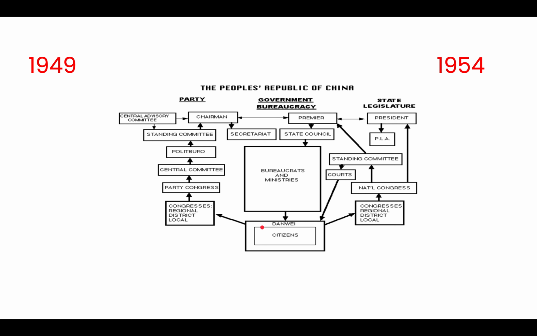So what this meant is Mao had high levels of central control, because ultimately everything fed back to either the president or the chairman. And in 1949, Mao held both of those positions.